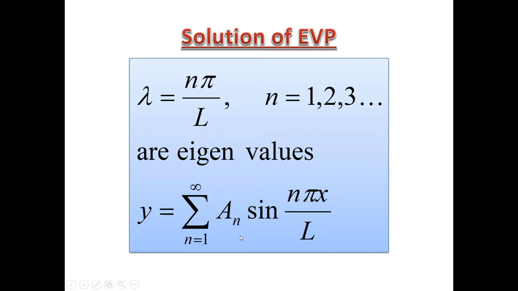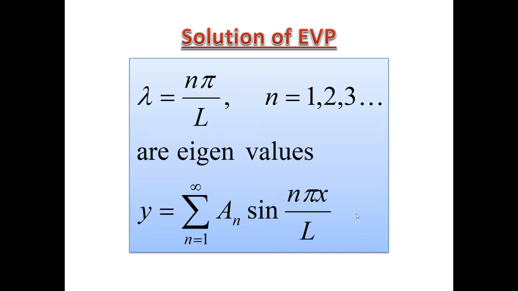If we sum all the solutions, this will be the final solution of this system of equations. This type of boundary value problem frequently occurs in vibrations in dynamical systems.